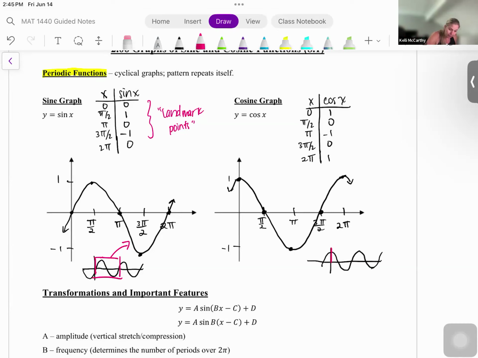What we've graphed is from here to here. Between those two pink lines that I've just drawn are the 2 points where we start seeing that pattern repeat itself. So that is one period as we've illustrated in this graph.